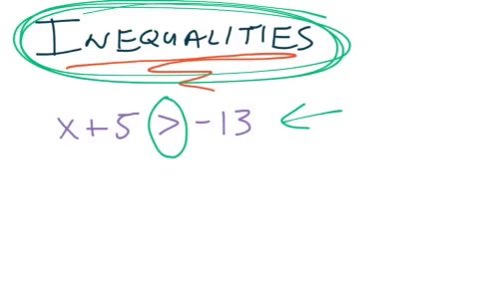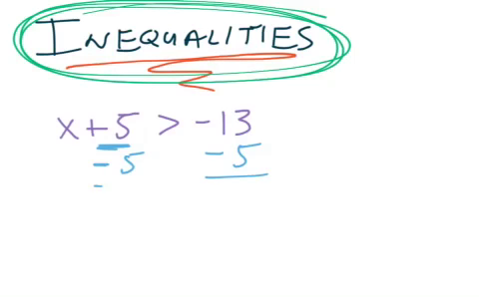So how do you solve an inequality? Well, you solve it just like an equation. So, if I have plus 5 right here, how do I get rid of a plus 5? Well, the inverse is minus 5 or negative 5. And I'm going to do a negative 5 over here as well. Let's see what we end up with.